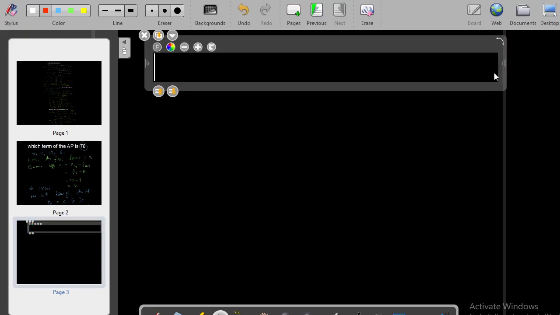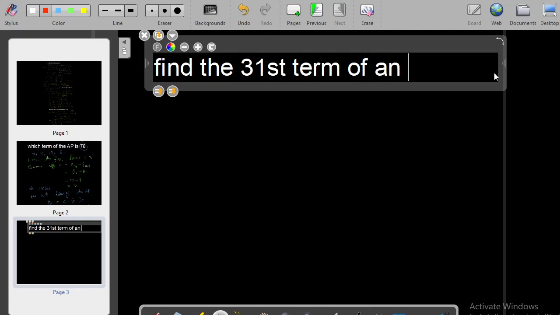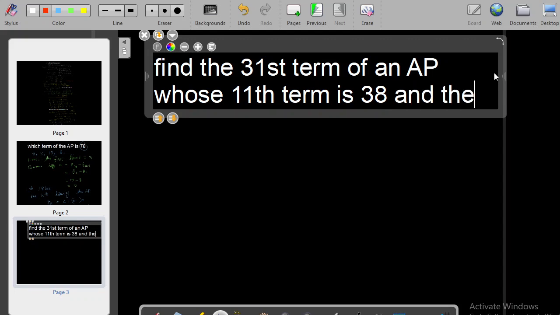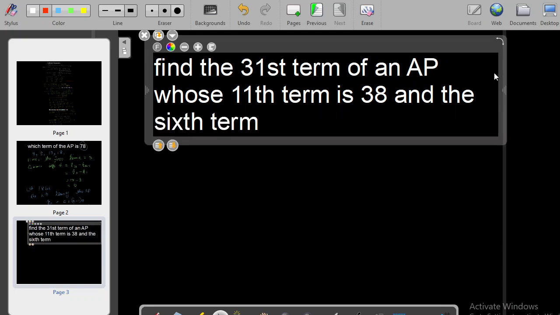The question is, find the 31st term of an AP whose 11th term is 38, and the sixth term is 73.